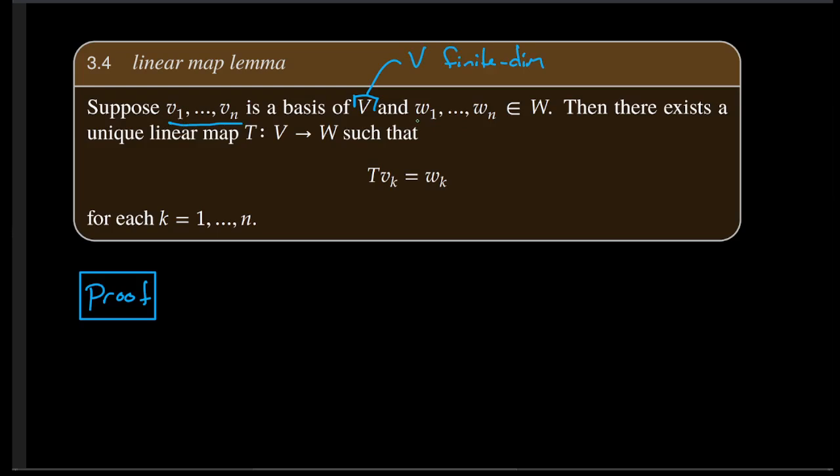And you've got some other w1 through wn in another vector space W, then there is a unique, this is important, linear map from V to W that satisfies T of vk equals wk for each k from 1 to n.